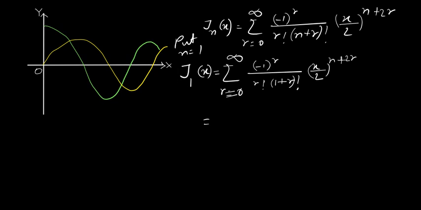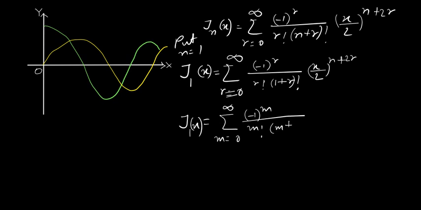If you replace r by m, then it is summation m equals 0 to infinity of (-1)^m by factorial m into (m plus 1) factorial, times (x/2) to the power 1 plus 2m.